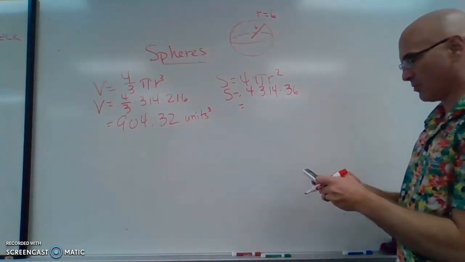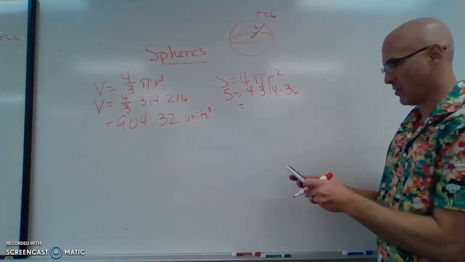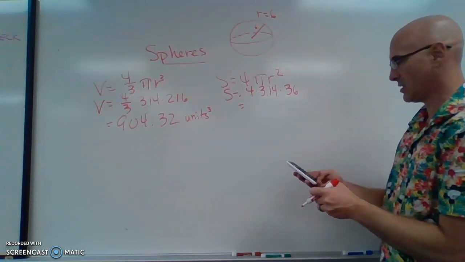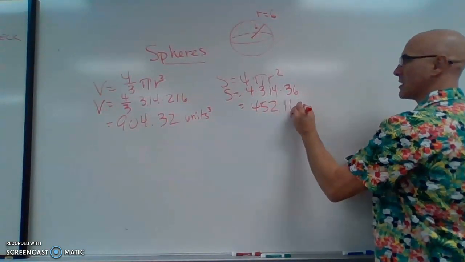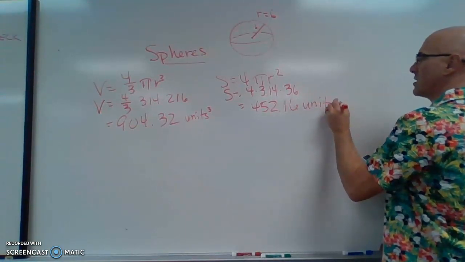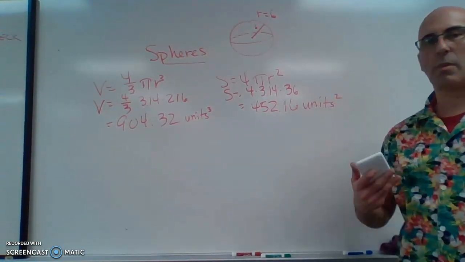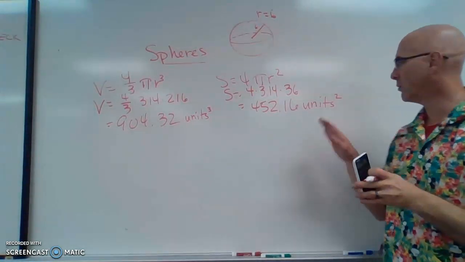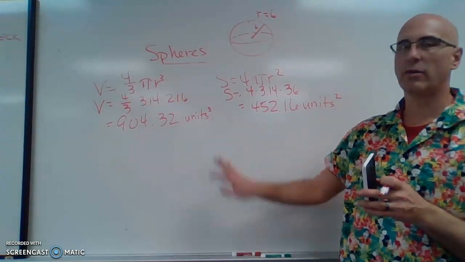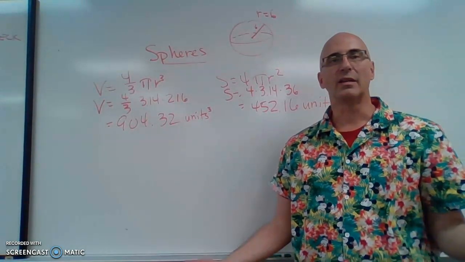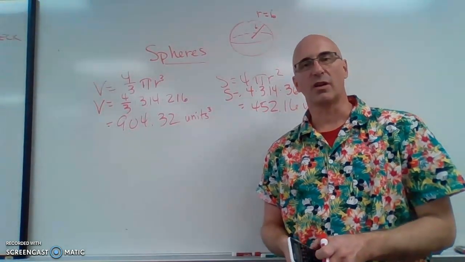Now I'm going to multiply all that together. 4 times 3.14 times 36 is 452.16 units squared. So remember, when we're talking about area, we use square units. When we talk about volume, we talk about cubic units. That is the volume and surface area of a sphere.